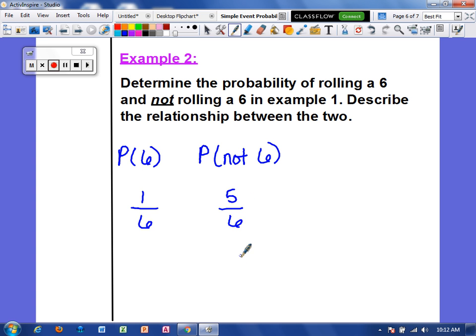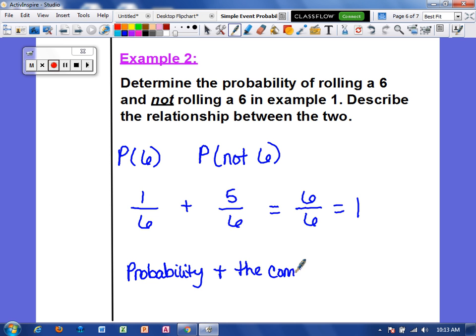Now if you notice, if we were to add these fractions together, remember when we add fractions we don't add the denominators, but we do add the numerators, we would get 6 over 6, and that equals 1. So the probability of something happening plus the probability of it not happening will always sum to 1. So the probability plus the complement equals 1.